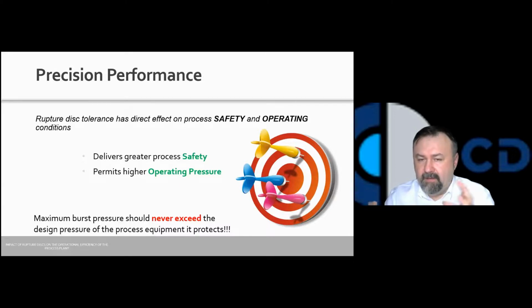So if you put these three things in perspective, the whole philosophy behind us developing the HPX technology is, we can say there are so many variables within the process, and so many variables within the metallurgy of the materials that the rupture discs are made of. It's near to impossible to say exactly when the rupture disc would need to be replaced.